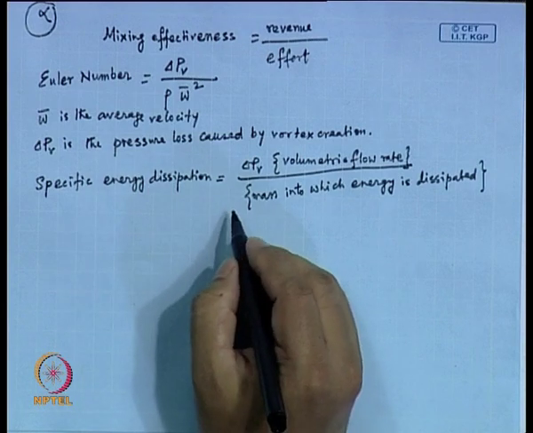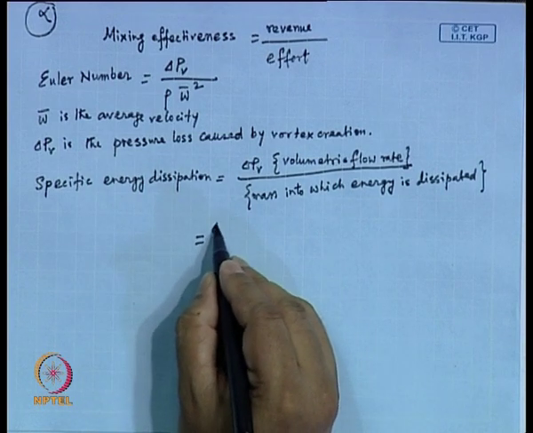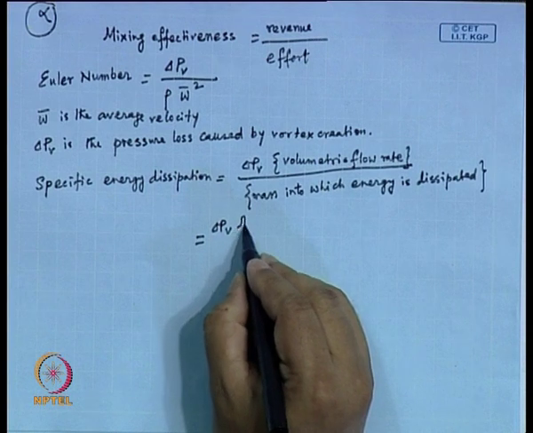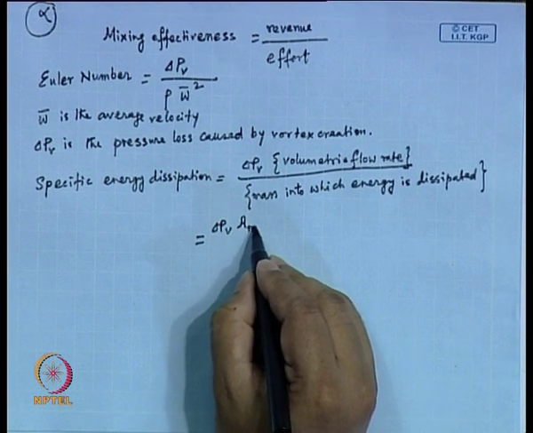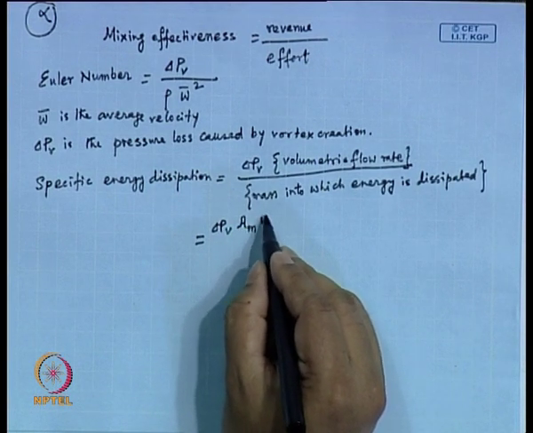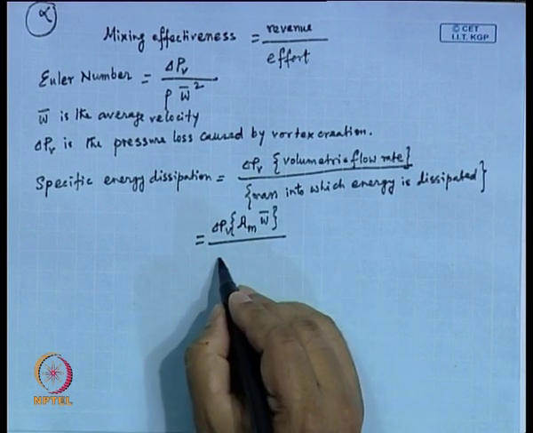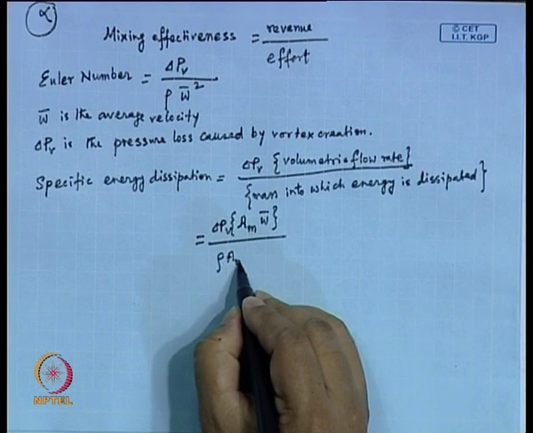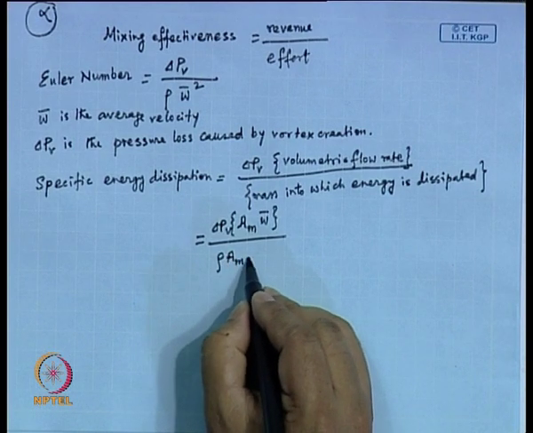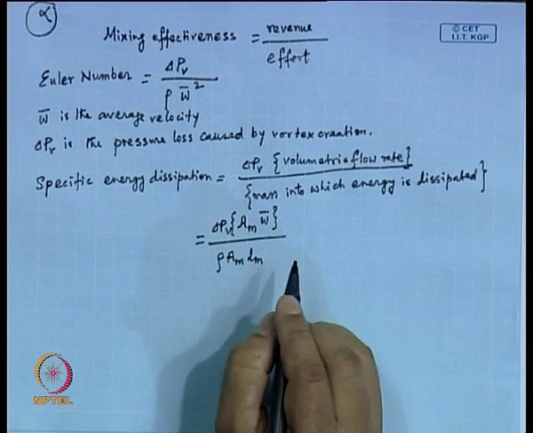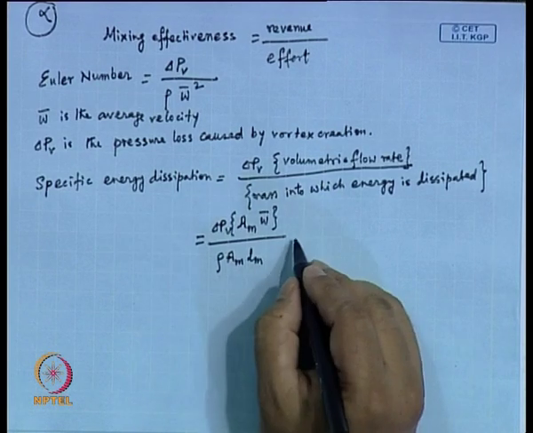So, in that case you can write this as delta P v. If the cross section of this mixer is A m, the volumetric flow rate would be A m into w bar, divided by the mass into which this happens, so it is rho A m L m, where L m is the length of the mixer.